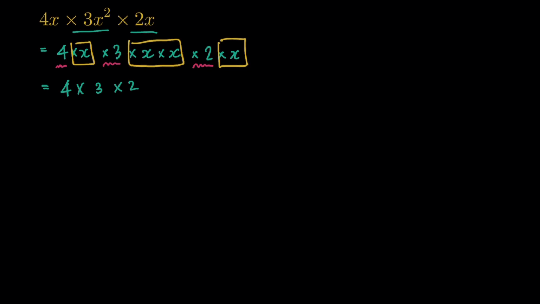And there are 4 x's. So I'm going to write x times x times x times x. Then let's calculate. 4 times 3 times 2 equals 24. X times x times x times x is x to the power of 4.